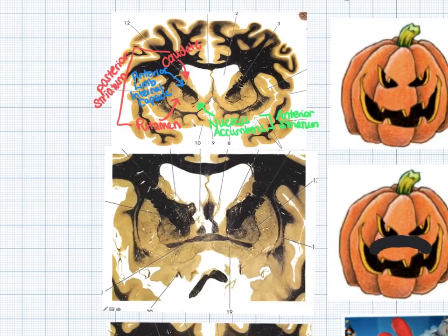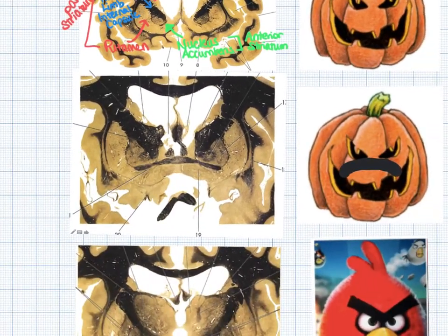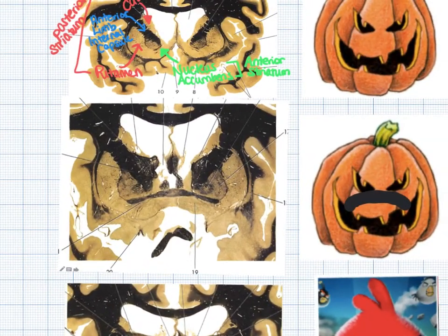Okay, so moving a little bit more posteriorly, we get to an area that still kind of looks a little bit like a jack-o'-lantern, except now you have this bar running through the middle that looks like maybe a little mustache. That bar is called the anterior white commissure, and we've seen this on the mid-sagittal sections.